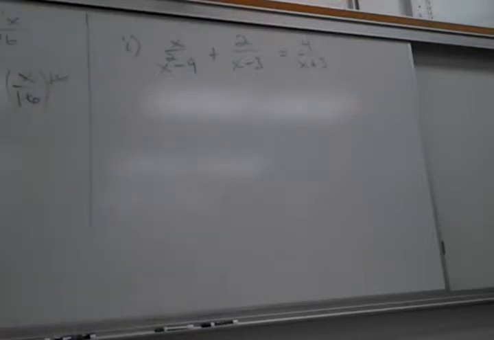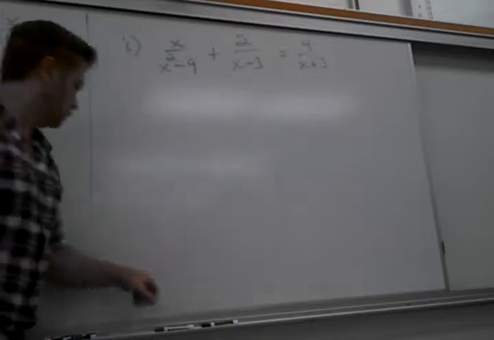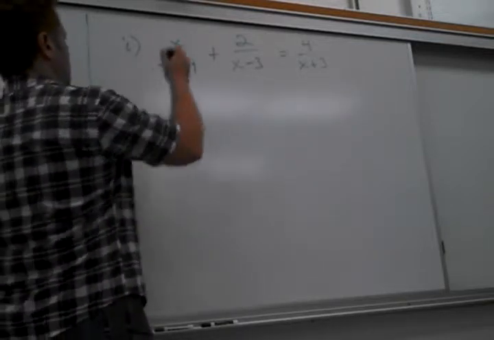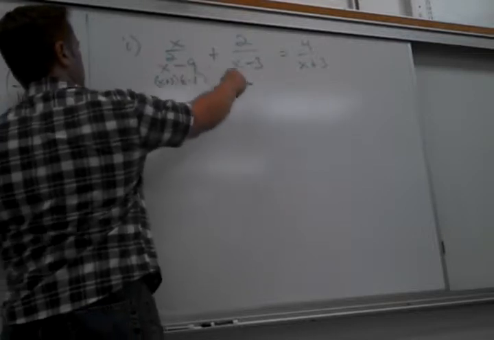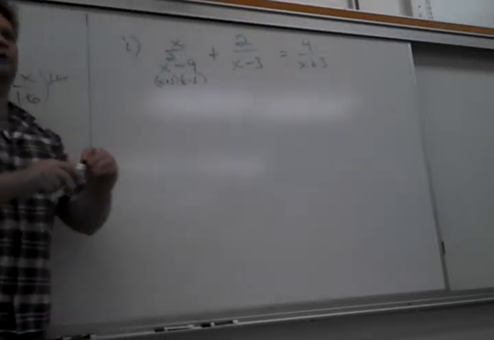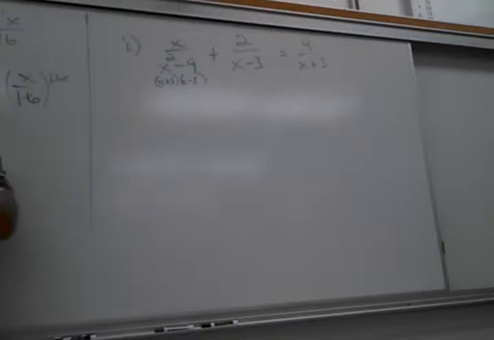So what did I do here first? I found the least common denominator and made sure everybody had it. So what do I have to do first here, since it's not numbers I can just see real quick? Factor. So what do you get here? x plus 3, x minus 3. Not surprisingly, it's those. It's going to happen most often. It's going to be like that.